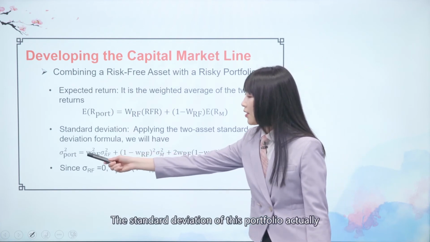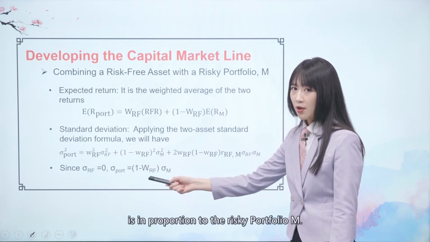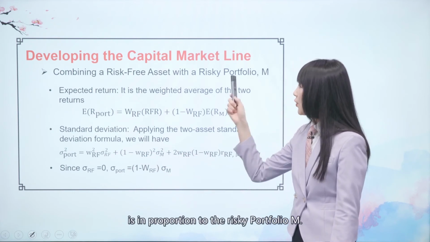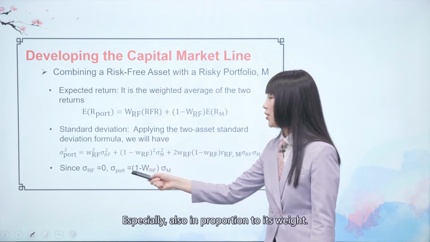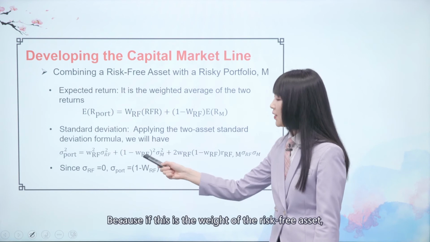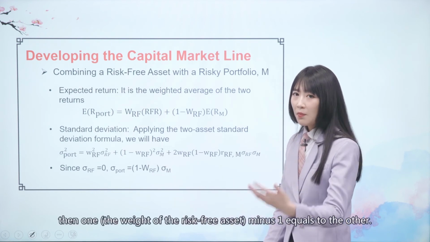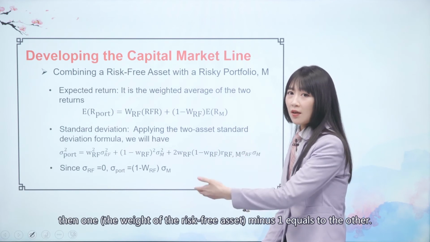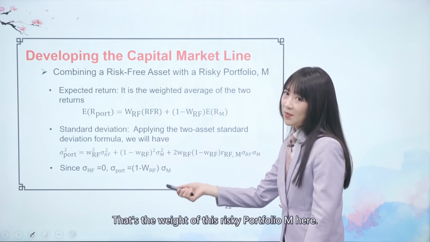The standard deviation of this portfolio actually is in proportion to the risky portfolio M, especially also in proportion to its weight. Because if this is the weight of the risk-free asset, then 1 minus that equals the other. That's the weight of this risky portfolio M here.